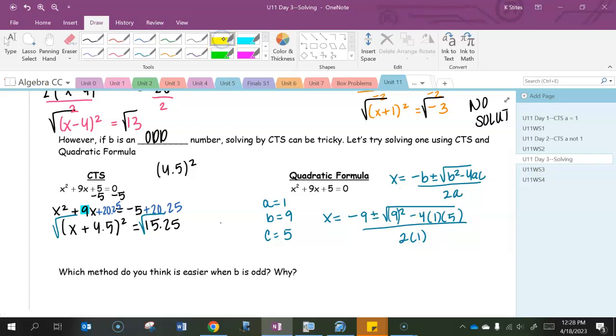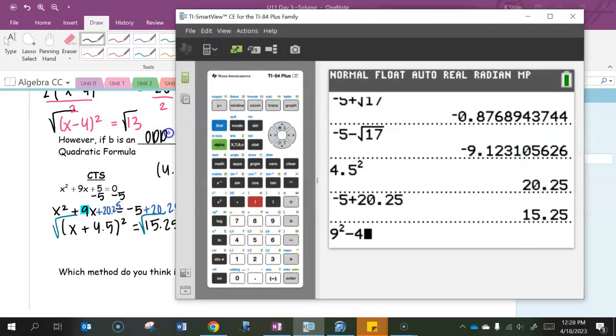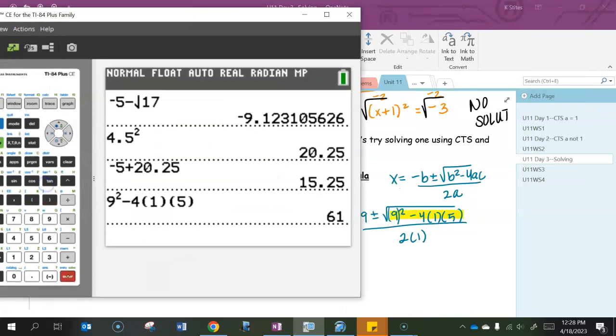And then we would evaluate our discriminant here. I think that was right. Yep, which is a 61.